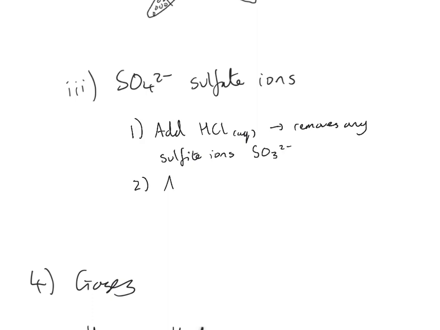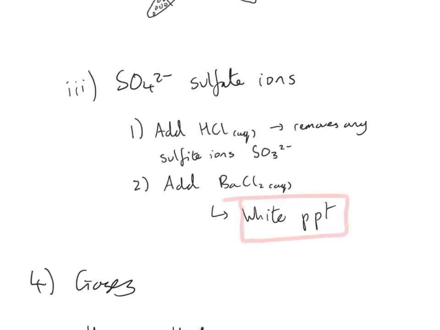Then what you do is you add barium chloride solution to that, and what you should see is a white precipitate. So the result for sulfate ions is that you add HCl first, and then you add barium chloride. That then gives you a white precipitate.